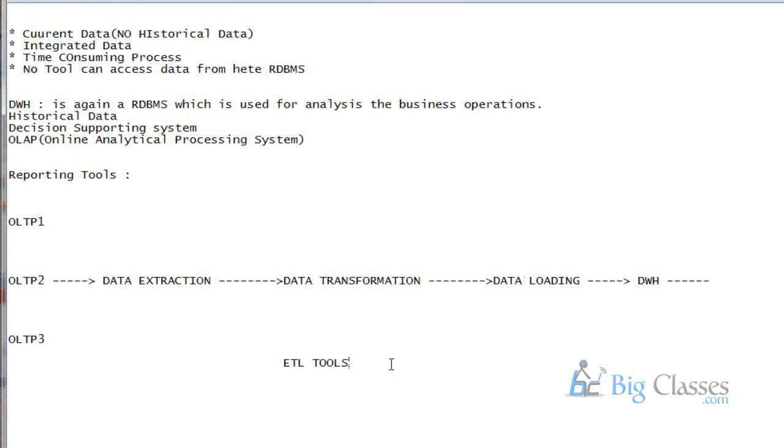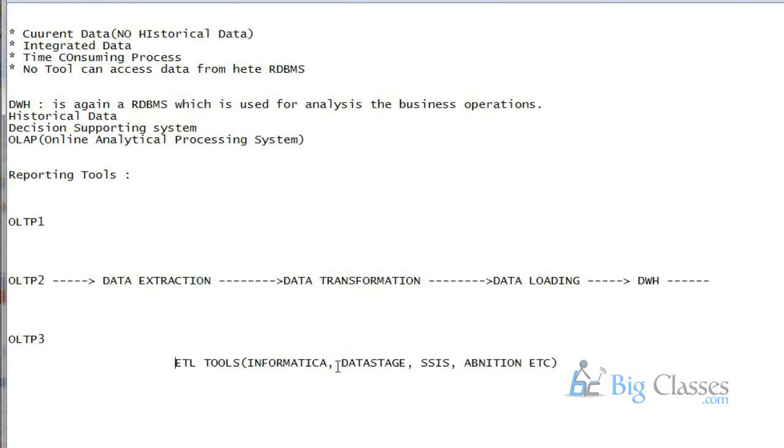So we have many ETL tools in the market. We have the most important, the most powerful, Informatica. We have DataStage, we have SSIS, and others, etc. These are all ETL tools similar to Informatica.